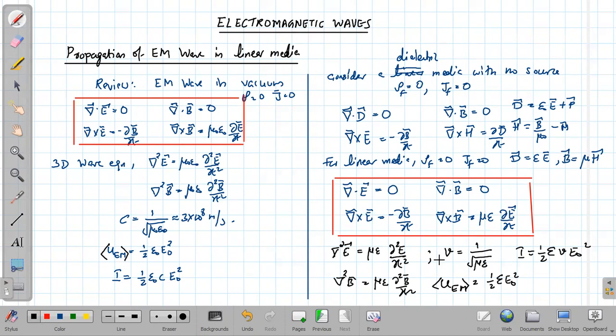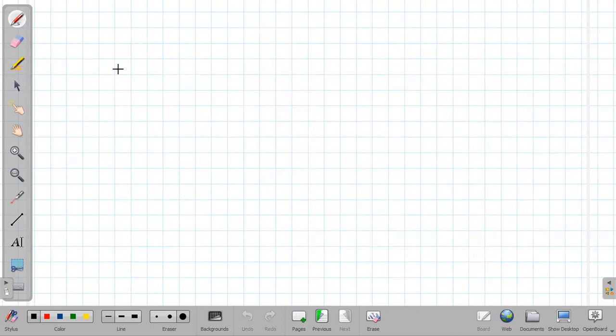So how will you prove it? Better we can define a new quantity called refractive index. The refractive index n is defined to be C by V: the speed of light in vacuum divided by the speed of light in the medium. That is the refractive index of that particular medium. So C is 1 by root mu 0 epsilon 0, and V is 1 by root mu times epsilon.